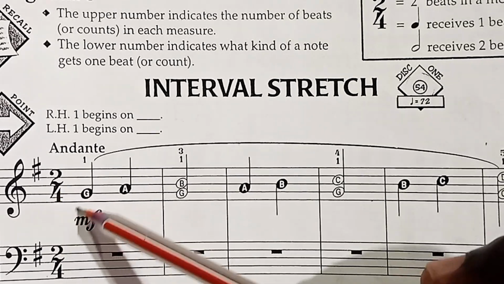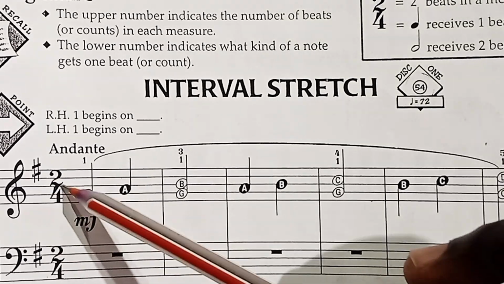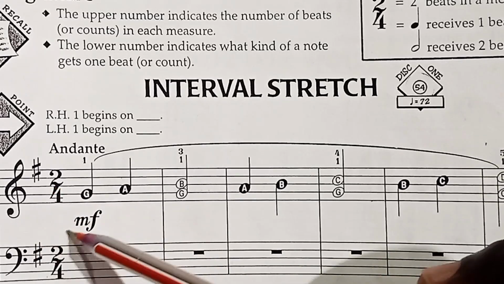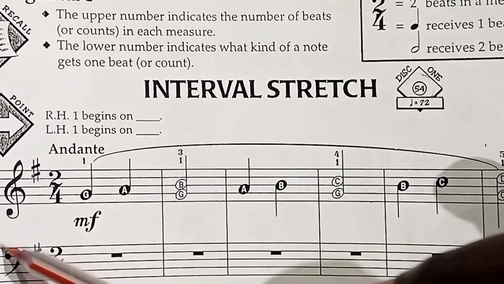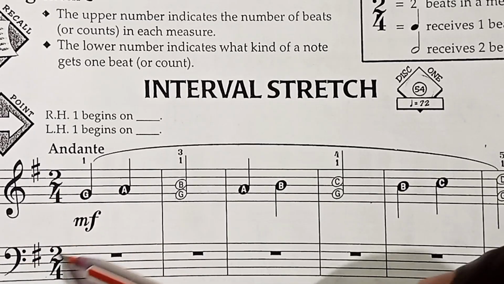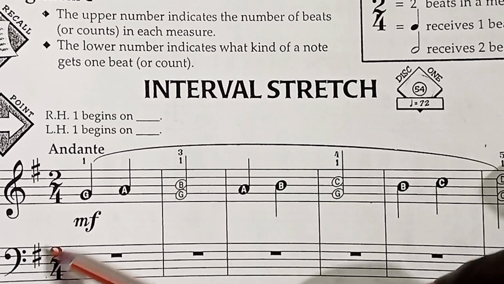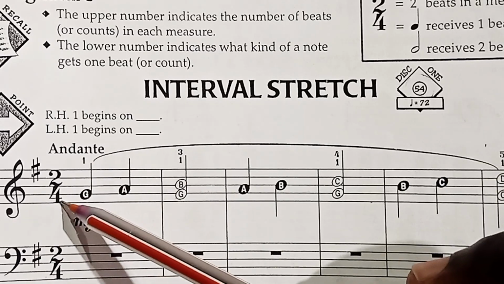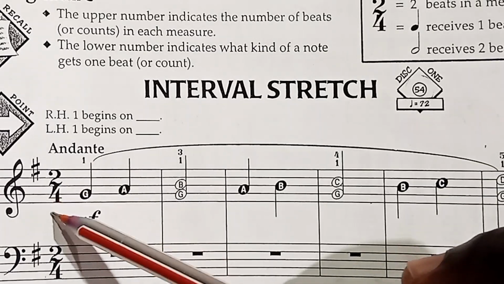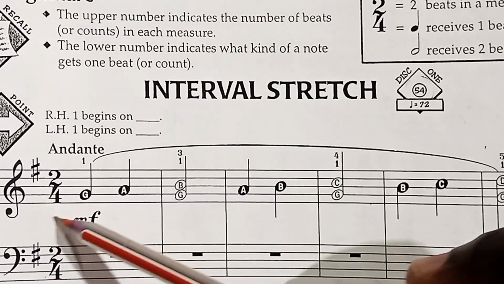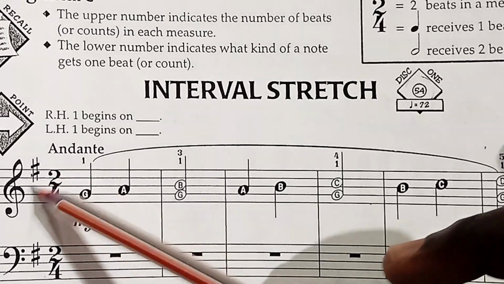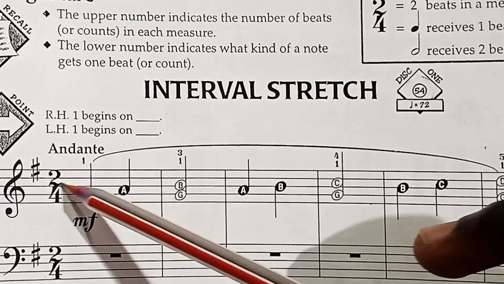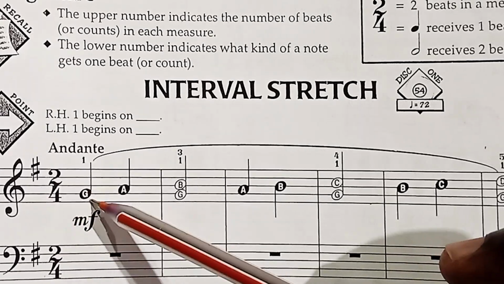It is telling us what kind of note gets 1 beat or count. So if we look clearly, we have 4 here. This is telling us that the kind of note that will get one count is a quarter note.